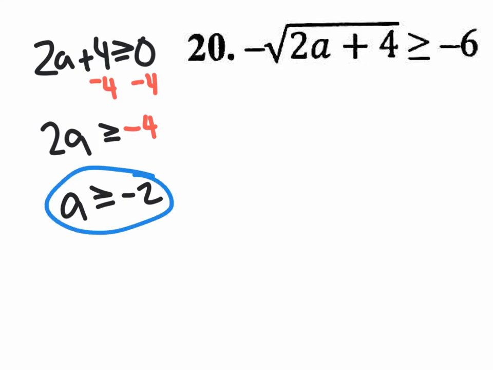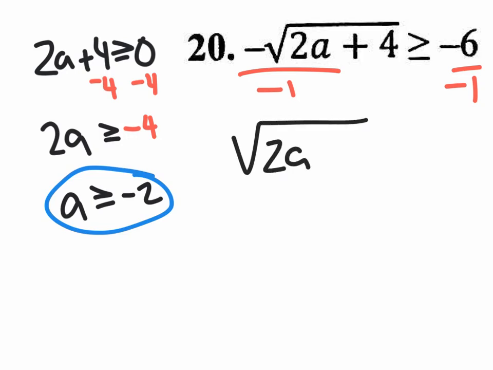Now let's go back and actually solve the original. So we're going to divide both sides by negative 1 or multiply both sides by negative 1. The reason why I picked this one is because it's interesting, because when you divide by a negative, you have to flip the inequality symbol. So far you have the square root of 2a plus 4, flip the inequality symbol, and it becomes positive 6. And then you go through and square both sides.